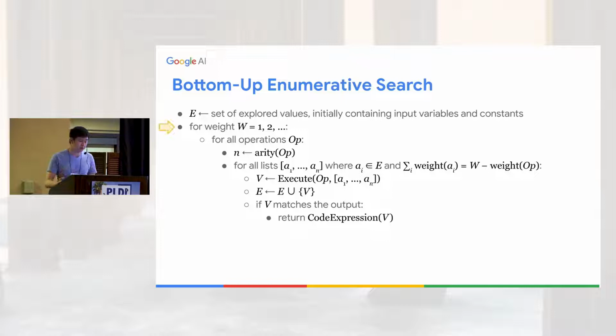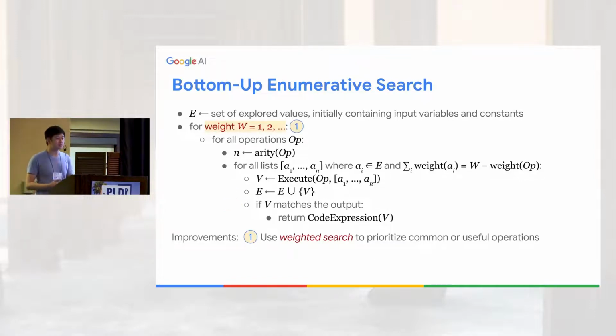We enumerate programs in order of increasing weight. For now, we can think of the weight as the size of the program, but later we'll generalize this idea. Then, for each operation, we construct argument lists so that the resulting expression would have the desired weight. We run the operation on the argument lists, save any new values we find, and look out for solutions.